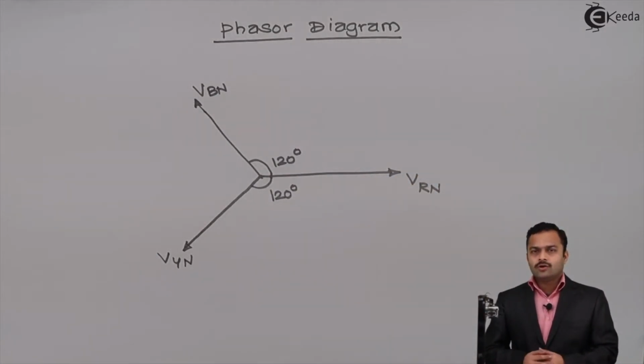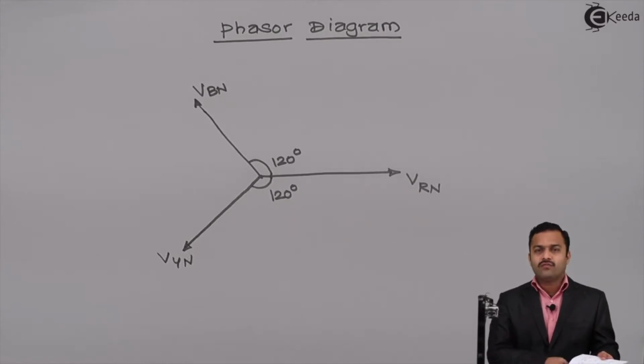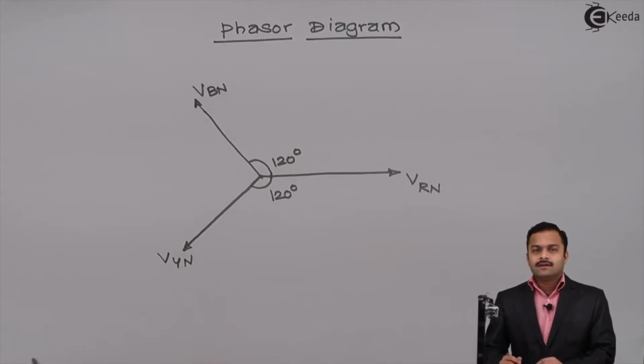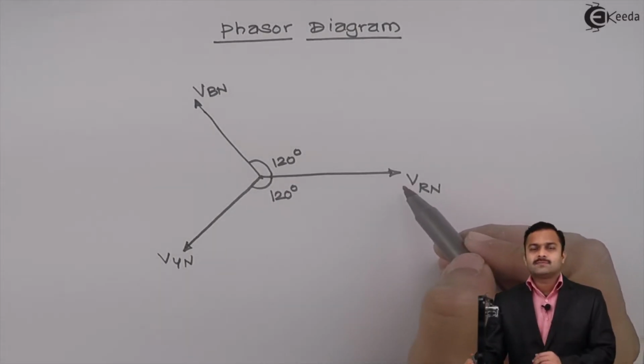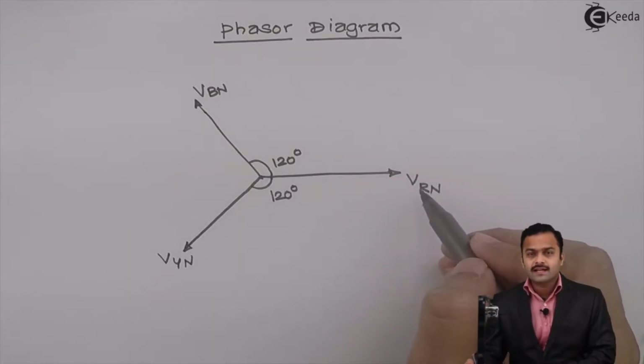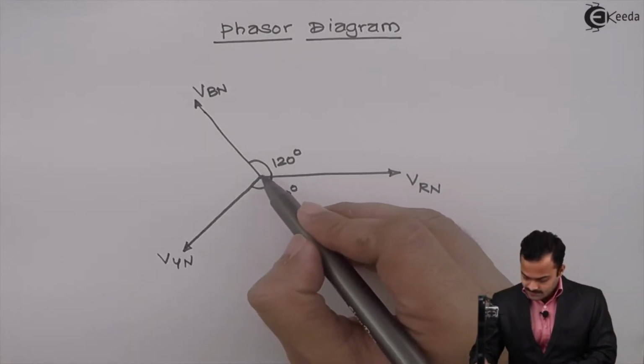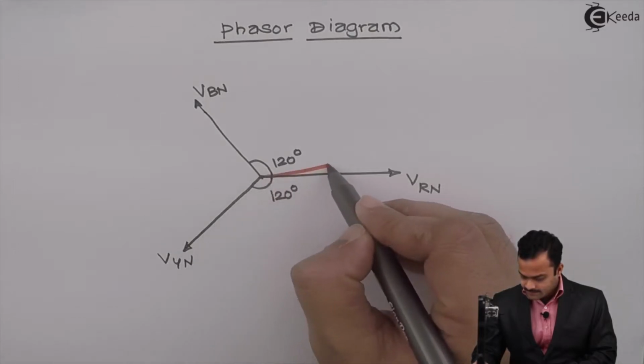Now, we know the load given is inductive in nature, so I can say current leads voltage by angle phi. So for a capacitive load, I will have the corresponding phase current leading the phase voltages by angle phi. So for VRN, the current is IRN leading it by phi.